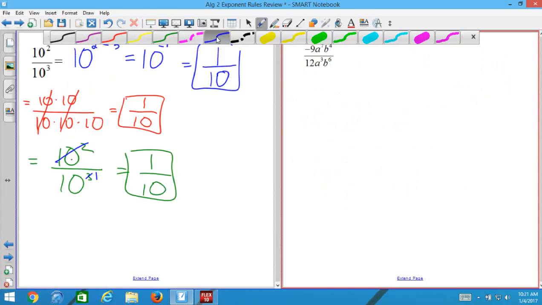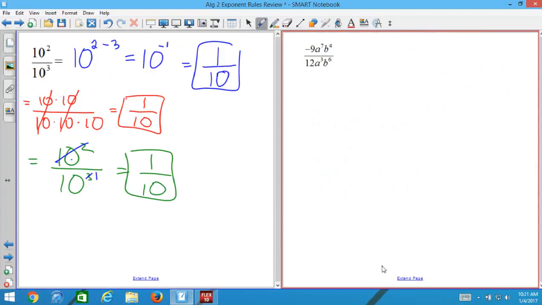All right, I don't know what number it is because I don't have the numbers on here. Number 11? Okay. When you have numbers, and then you also have bases with exponents, you have numbers and powers, treat them differently. Treat the numbers normal, like how would I do negative 9 over 12? Reduce that.